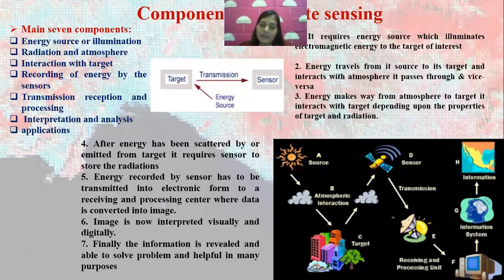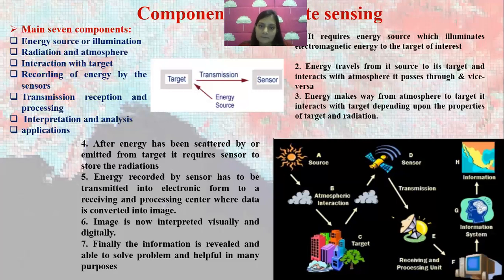We have already discussed. Energy makes its way from the atmosphere to the target, and it interacts with the target depending on the property of the target and radiation. So according to the property of the target and radiation, it will gather some information, and that will be stored again in the sensor. But yes, before going to the sensor, again it will come and interact with whom?